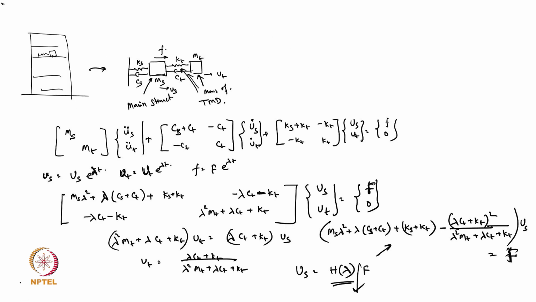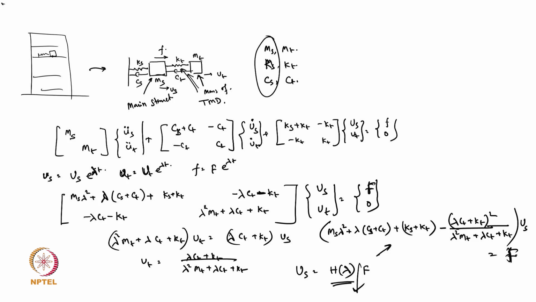Like if you see how many parameters are there, we have ms, mt, ks, kt, cs, ct. So now if you see, this full side is your constant, because that is the structure you are going to isolate or control.